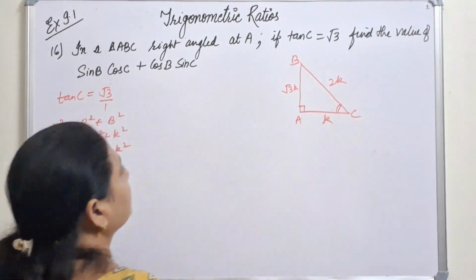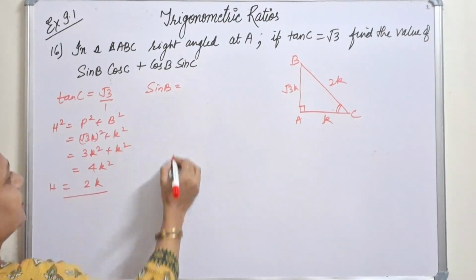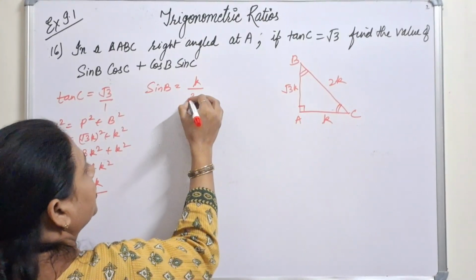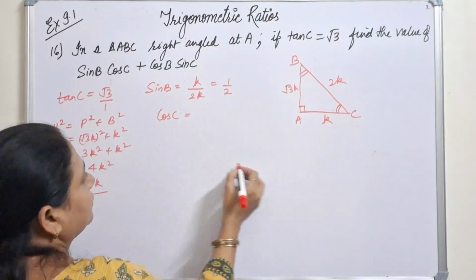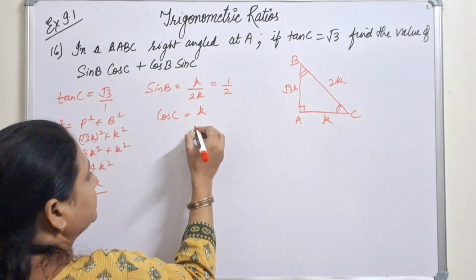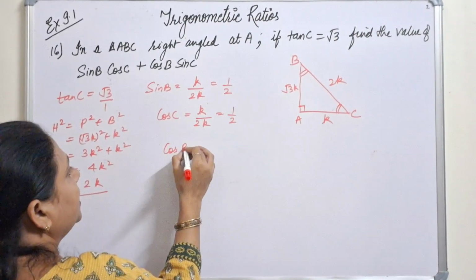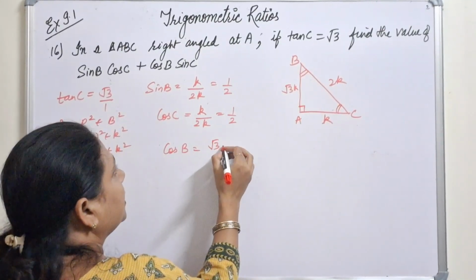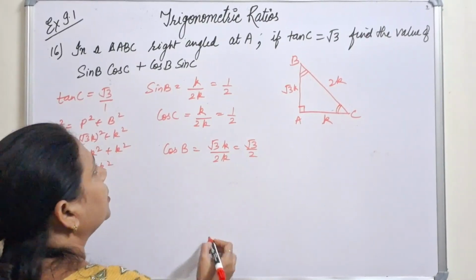So this is 2k. Now sin B, with respect to this angle B, perpendicular is k and hypotenuse is 2k, that is 1 upon 2. Cos C, with respect to C, base is k and hypotenuse is 2k, that is 1 upon 2. Cos B, with respect to B, base is under root 3k and hypotenuse is 2k, that is under root 3 upon 2.